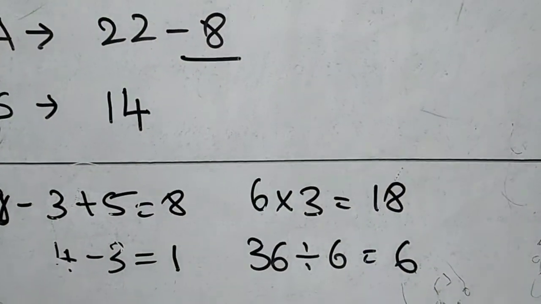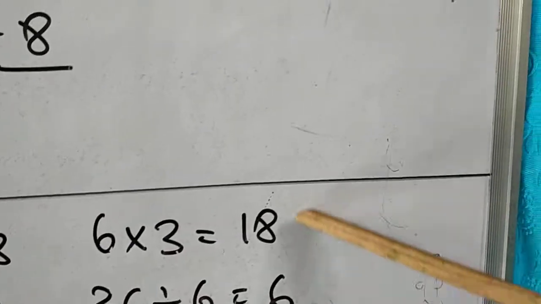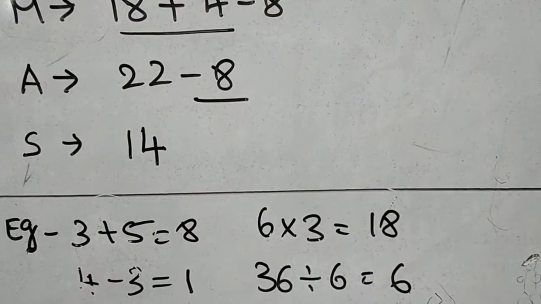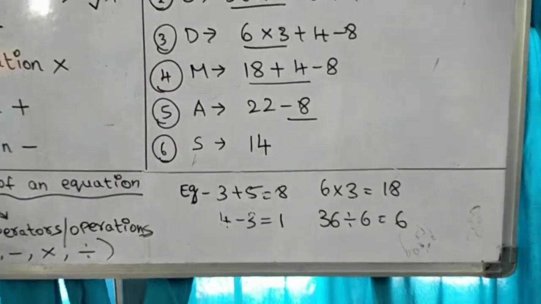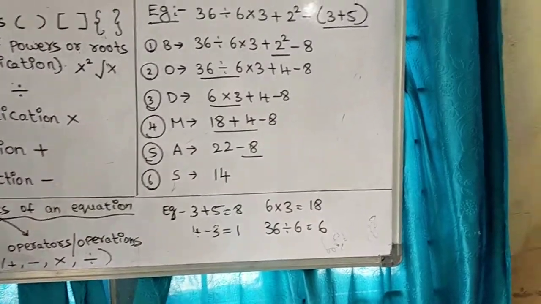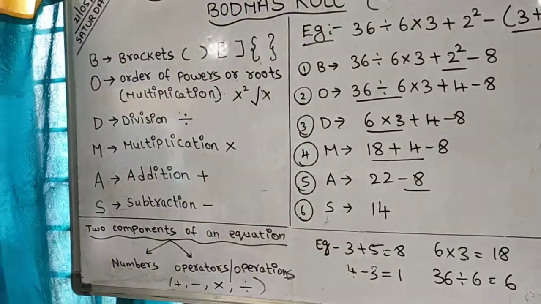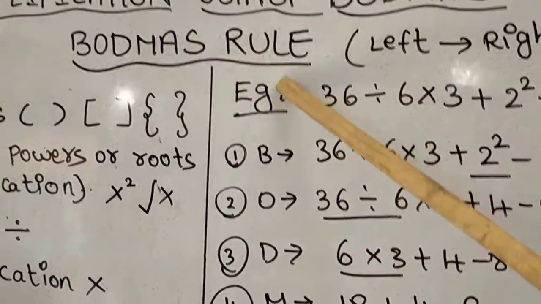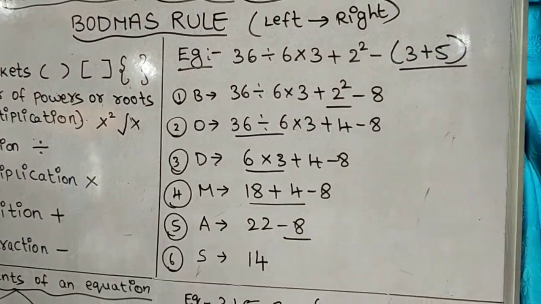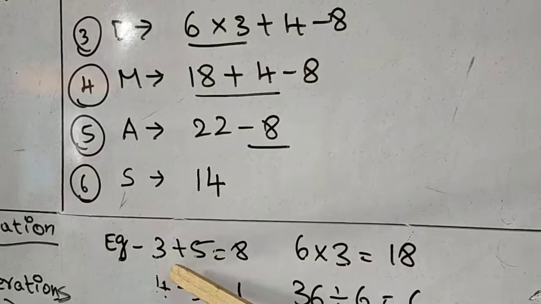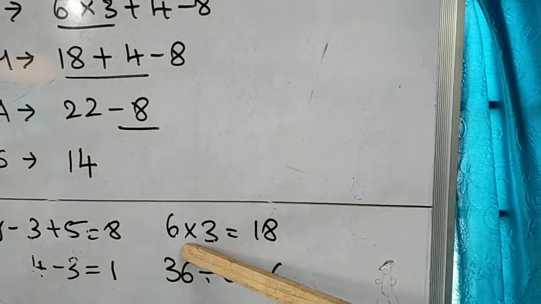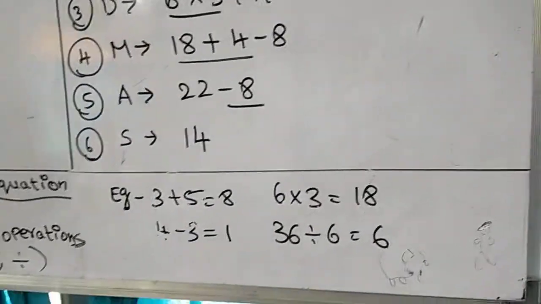But just think, if all 4 arithmetic operations are there in one expression, then the calculation is quite tricky, right? Quite difficult, not so easy. So at that time we have one magical rule called Bodmas rule. When only one arithmetic operation is involved, only plus or only minus, only multiplication or only division, it is very easy to do.